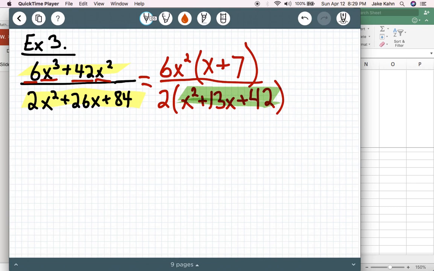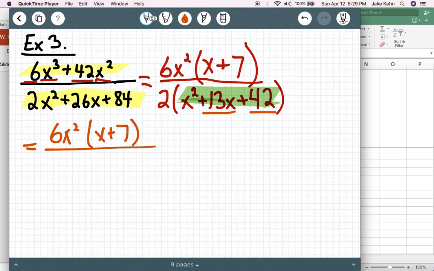So what two numbers multiply to get 42 and add to get 13? Think about it. I'm going to keep the top the same. All right, so those two numbers, keep the 2 on the outside. Two numbers that multiply to get 42 and add to get 13 will be 7 and 6.